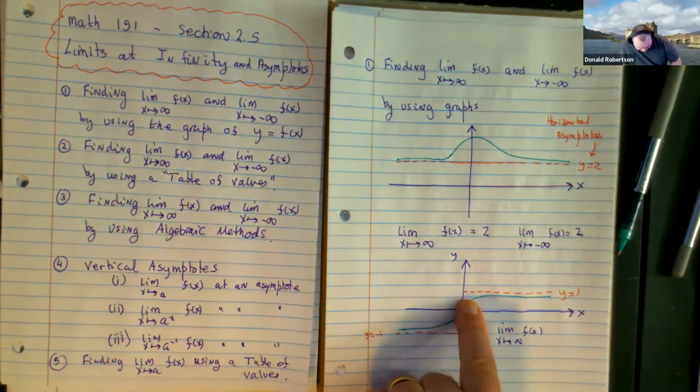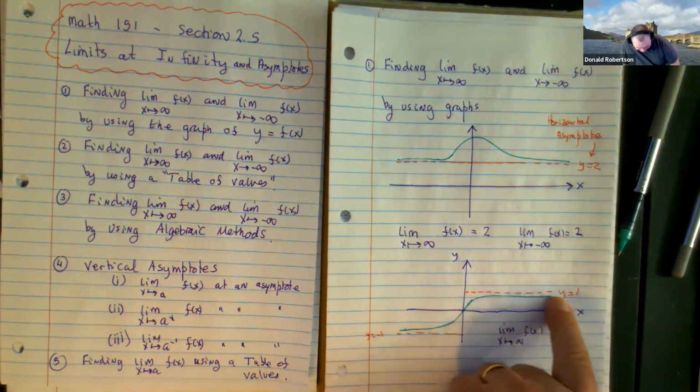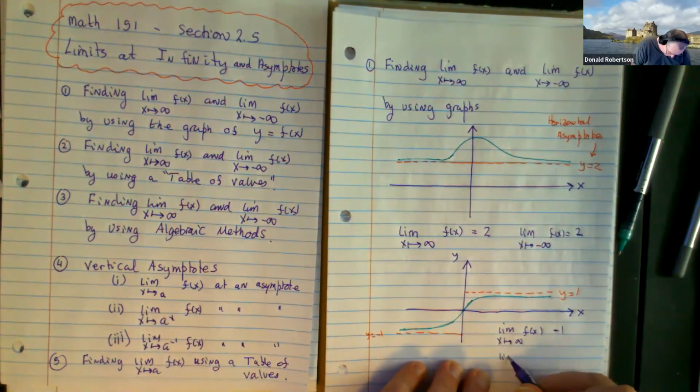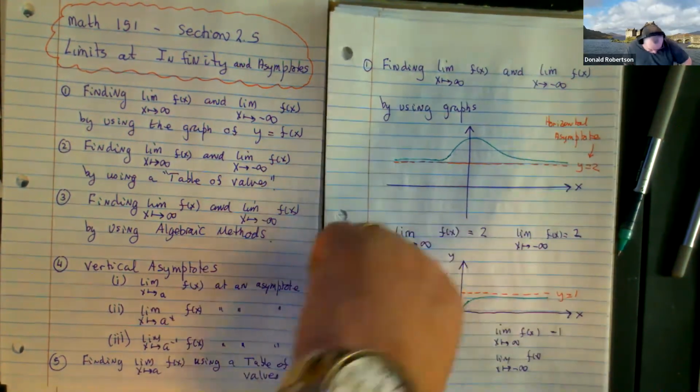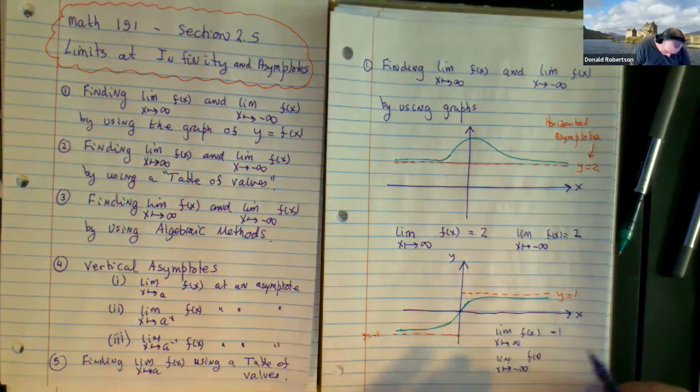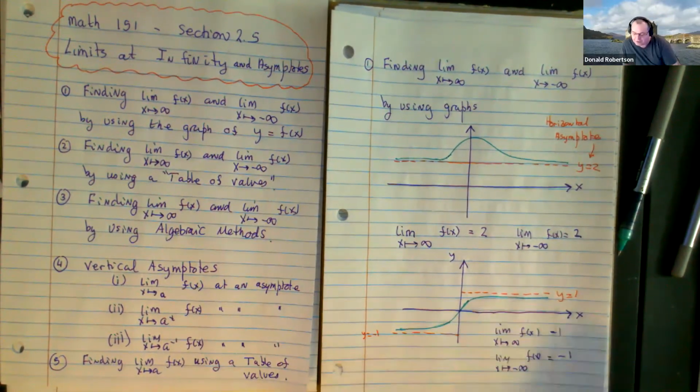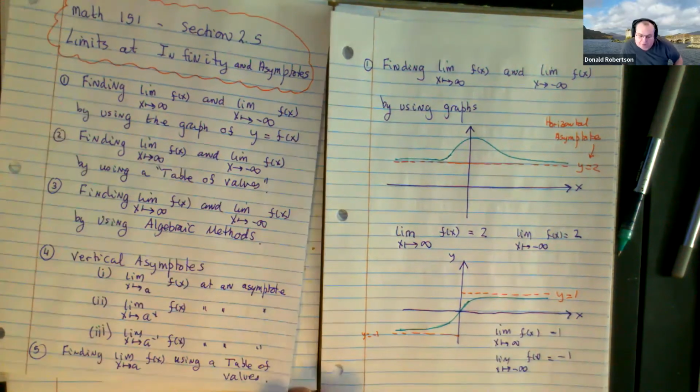The limit as x gets to positive infinity is 1, but the limit as x gets to negative infinity, which is going this way, is negative 1. So it is possible for these two limits to be different from each other. Agreed? It can happen. Some graphs, that's exactly what you get.